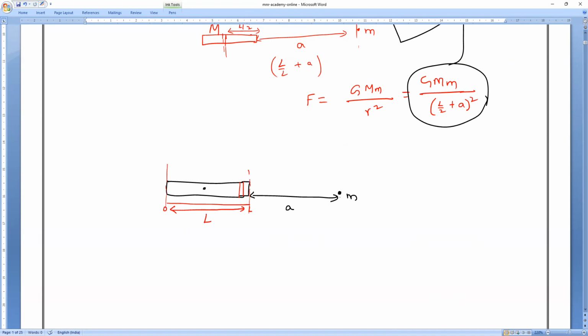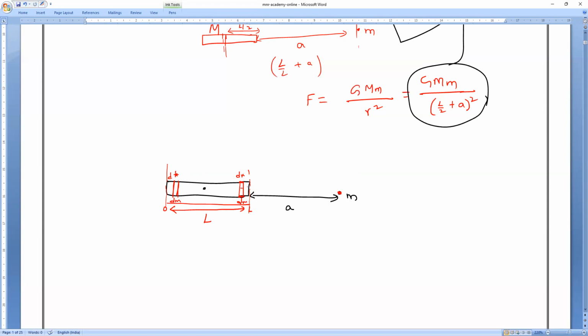Now you tell me, the force of attraction between these two bodies, is it the same between this part of the rod and this body, and that part of the rod and this body? Do both remain the same? No, Mr. Pradosh. If I make it into small pieces, each is dx, with thickness dx or dl, and mass dm.